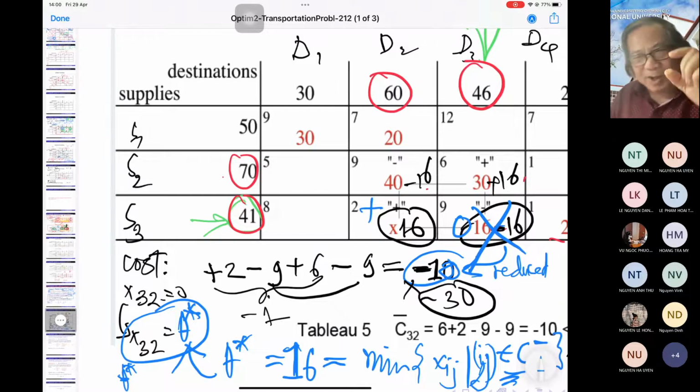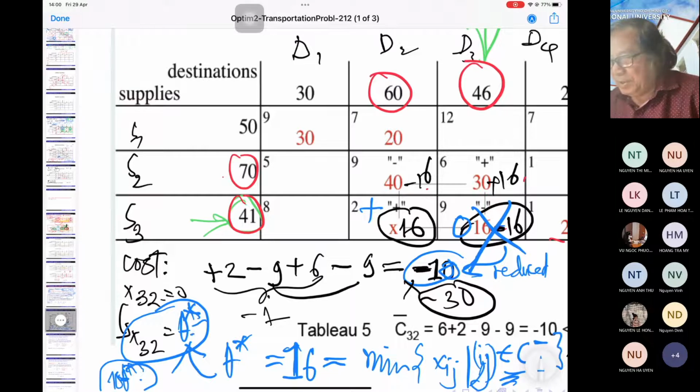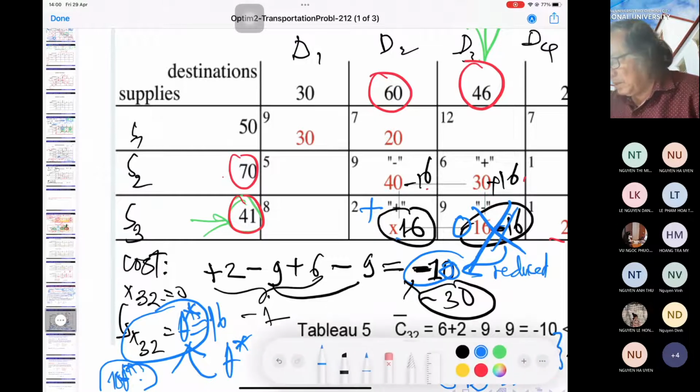One unit, the cost reduces 10 units. So theta star units, then it is 10 theta star. Is that okay? That means that when you move theta star, theta star now in this case is 16, and then you move 16 here and minus 16, and that becomes 0.